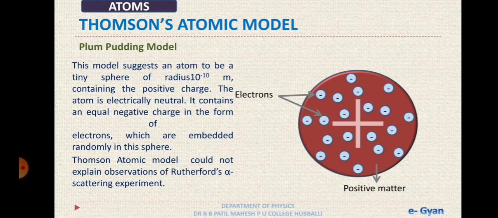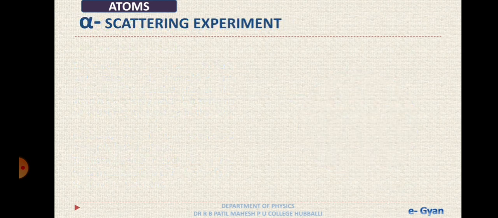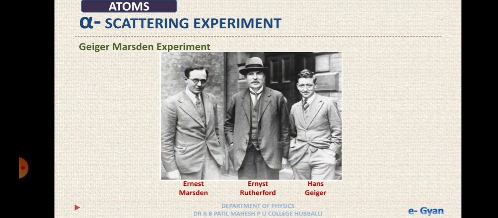After the failure of Thomson's plum pudding model, which was basically on the basis of the alpha scattering experiment, let us look at that experiment. It is also called the Geiger-Marsden experiment because Ernest Rutherford made his students Ernest Marsden and Hans Geiger perform it.